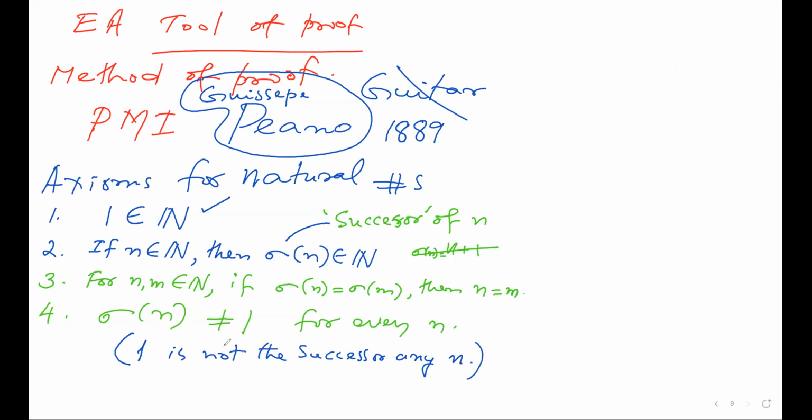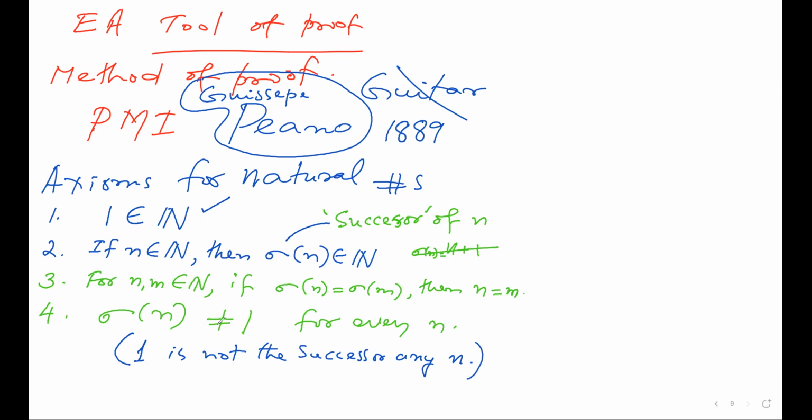Among other things, it is saying that you cannot get one by sigma n. You cannot take an n and get one as its successor. Follow?